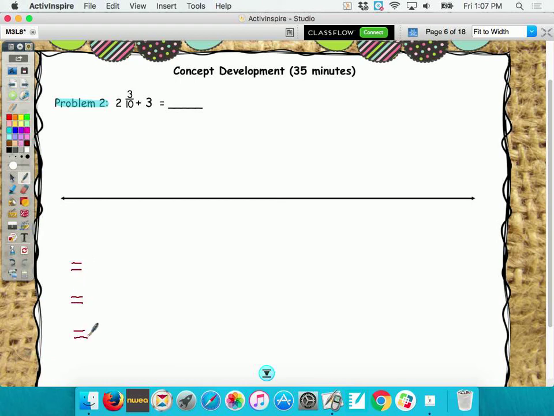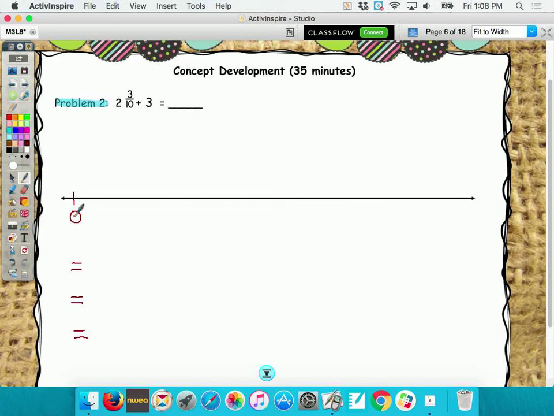Now, Yosin, tell me why you think I want to rewrite this addition problem. What do I want to add at the very end, probably? Like, what's the last thing I want on my number line? The whole numbers or the fraction?